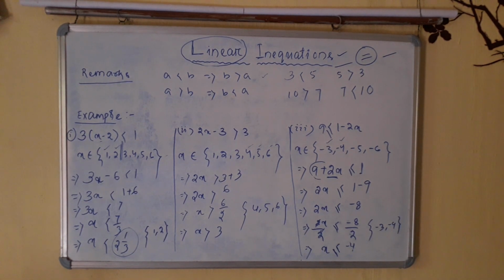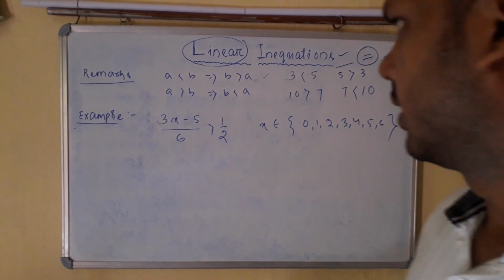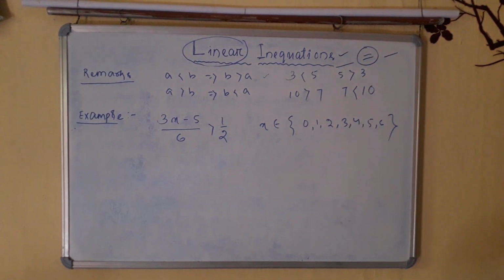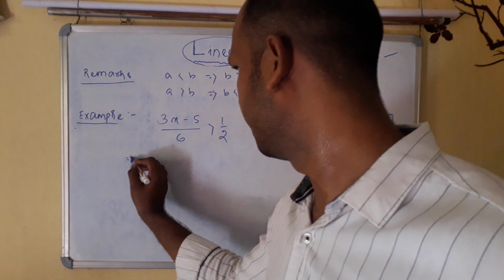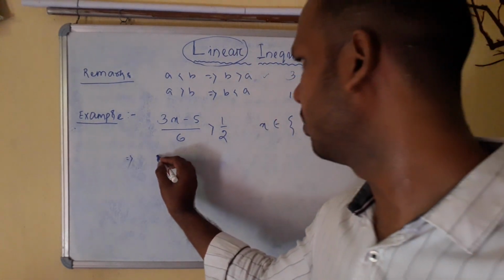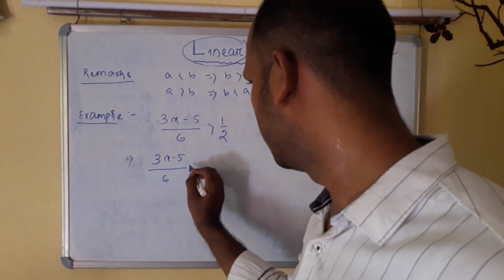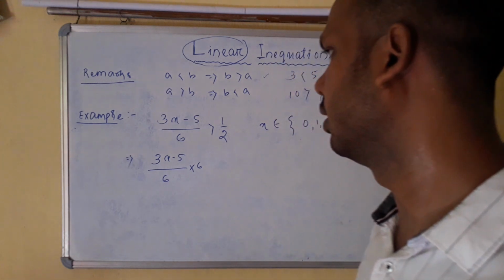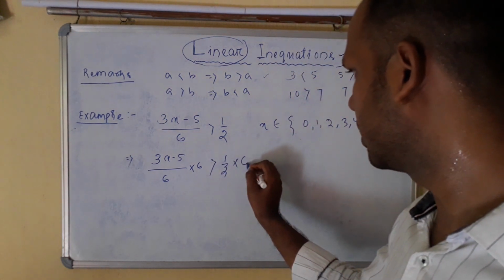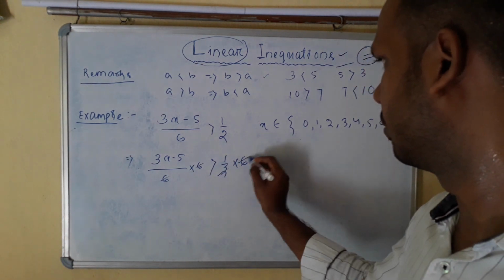Let us discuss one more example. In this example, the replacement set is 0, 1, 2, 3, 4, 5, 6. Now let's solve it. If I multiply by 6 on the LHS as well as the RHS, that means (3x minus 5) by 6 multiplied by 6 on the left hand side, and 1 by 2 into 6 on the right hand side. Now the 6 cancels, and 2 times 3 is 6.